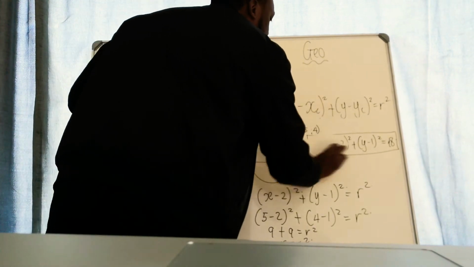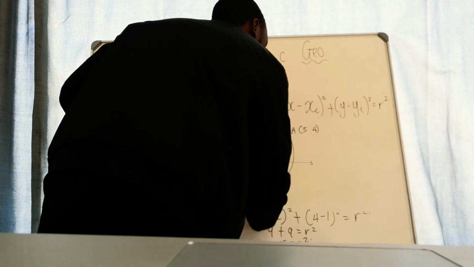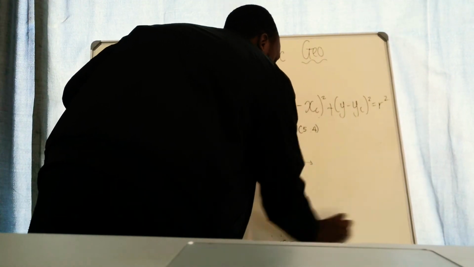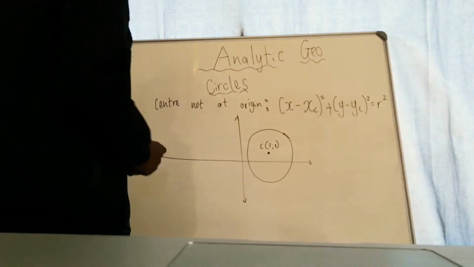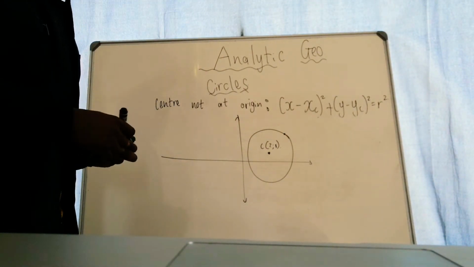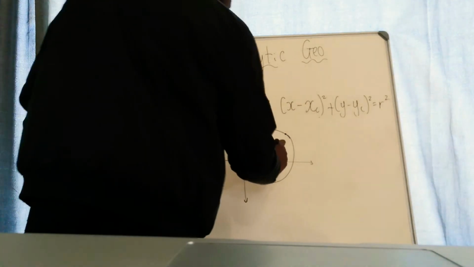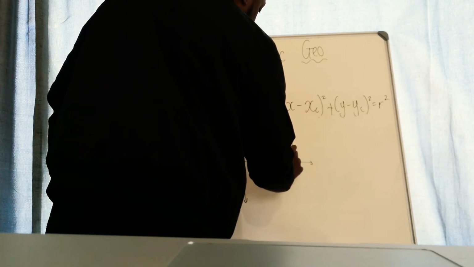Just erase this, take the same circle, but now I want to make it a little bit bigger. So right, we're doing a second example, and now I want to show you how else you can find this. Instead, what if they give you the distance there and they give you that it's 4 units?